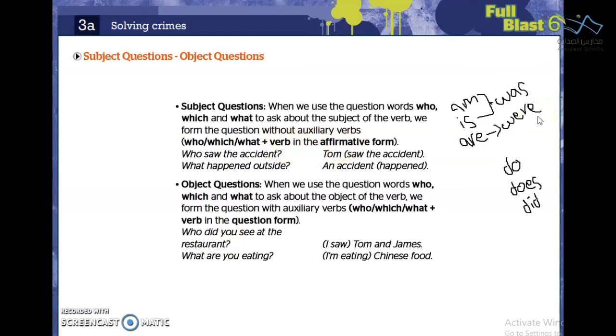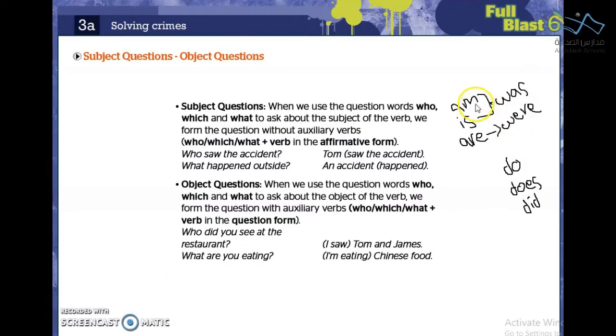For more explanation, I use am with I, so I say I am. Is, I use it with he, she, it. He is, she is, and it is. While are, I use it with you, we, they. You are, we are, and they are.